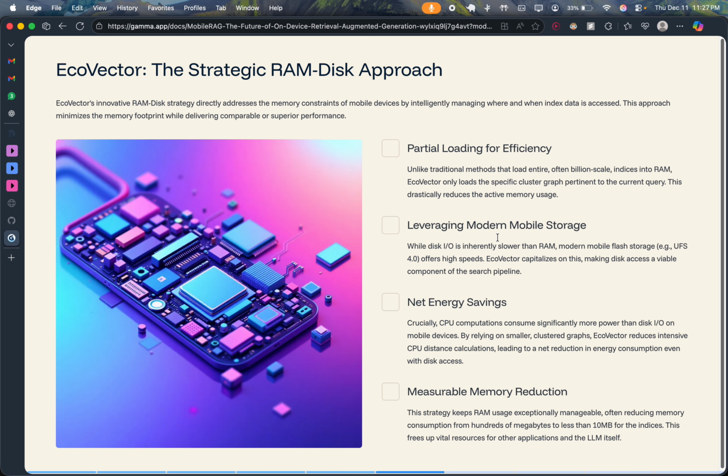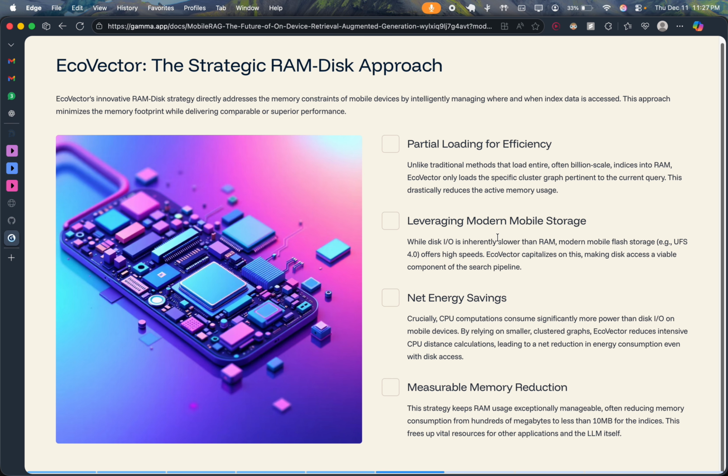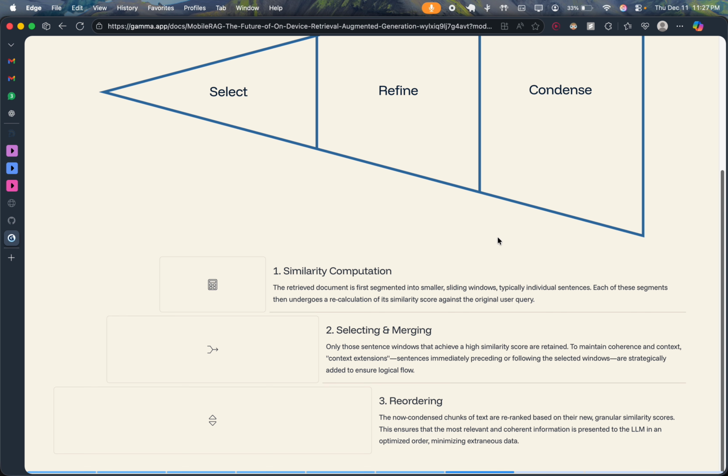We are partially loading for efficiency, leveraging modern mobile storage, for net energy saving and measurable memory reduction. So we have this strategic RAM-disk approach called EcoVector.